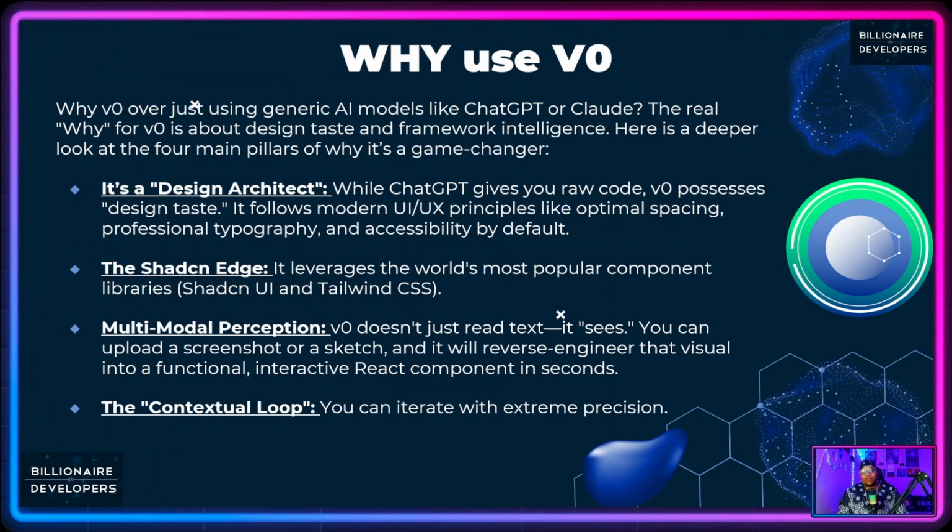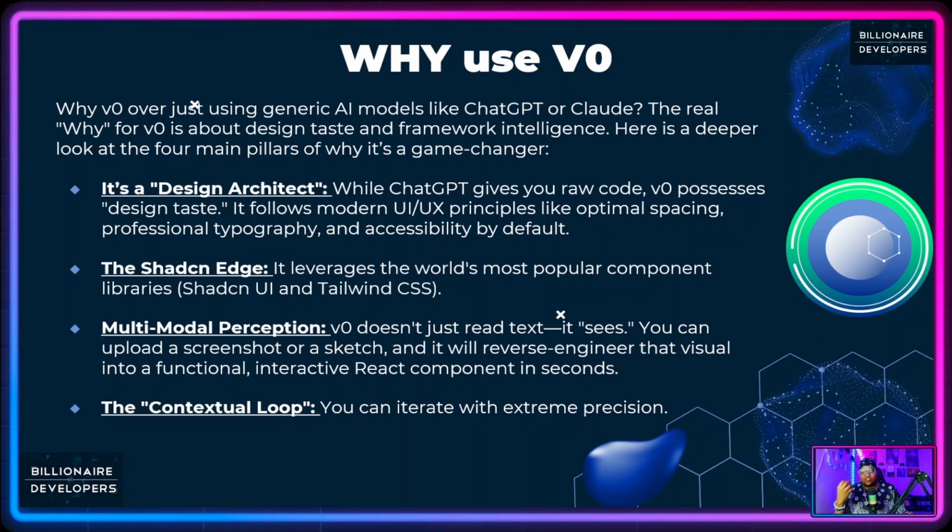But the most important question you're asking yourself is, why do you want to learn V0? In today's day and age, the real why for V0 is because the design taste and the framework is intelligent. First and foremost, it is a design architect. While ChatGPT gives you raw code, V0 actually processes the design taste, right? It follows modern UX and UI principles like optical spacing and professional typography.